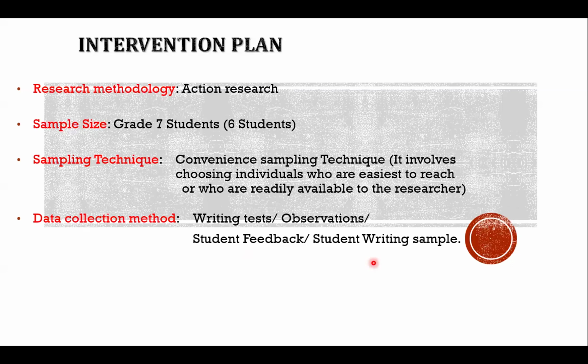And next one, student writing samples, means I'll keep track of their writing to compare how it changes. And also I'll use reading materials to help their learning. So these are the data collection methods I'll use.